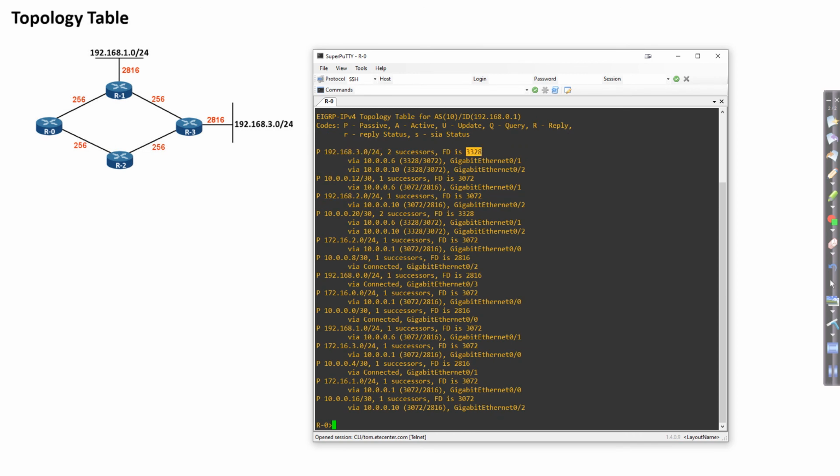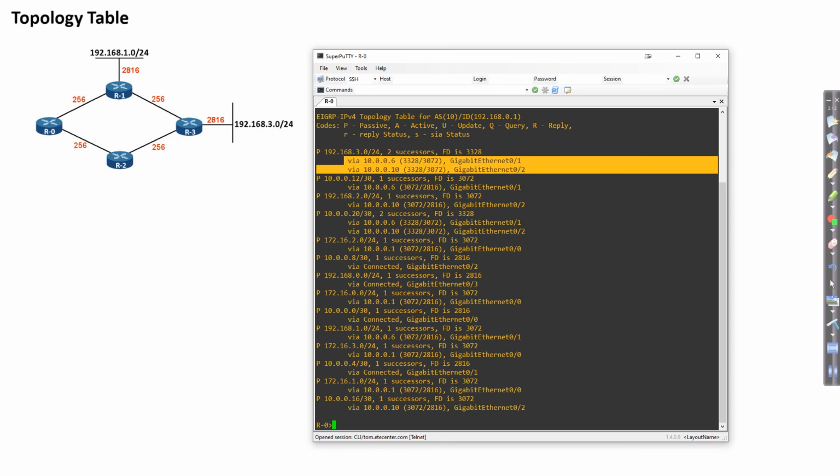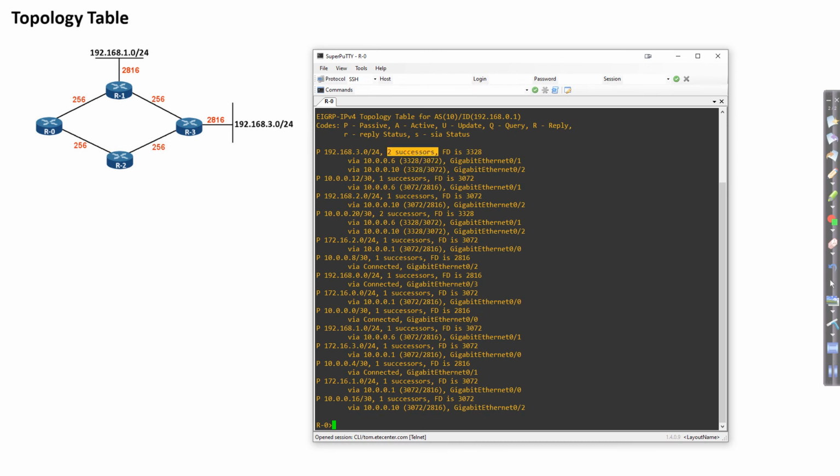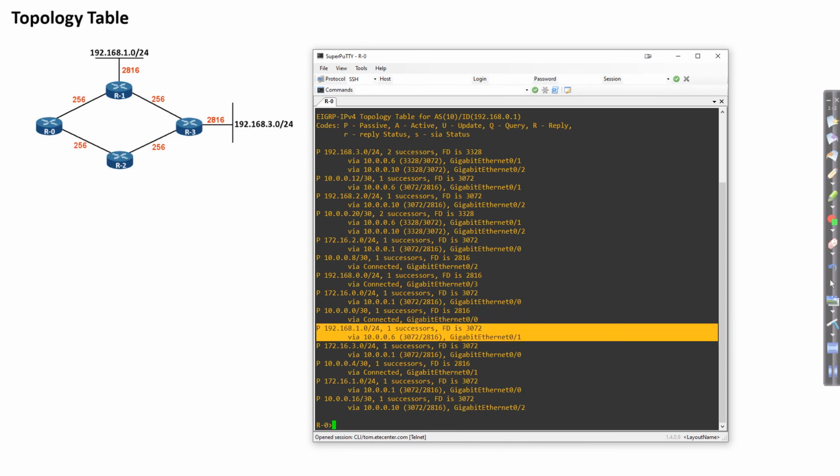The feasible distance is 3328. Both paths have the feasible distance of 3328. Therefore, I have two successors. Now let's take a look at 192.168.1.0. It only has one successor, 3072 via 10.0.0.6, which is router 1 out of gigabit 0/1.